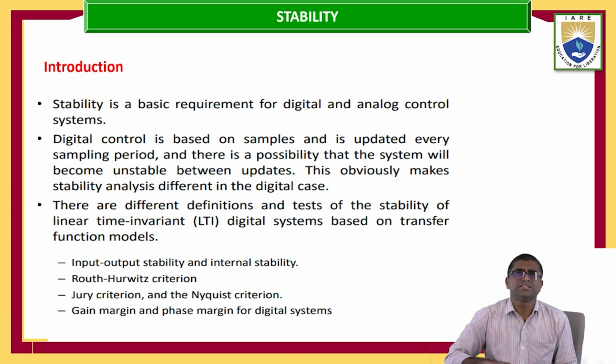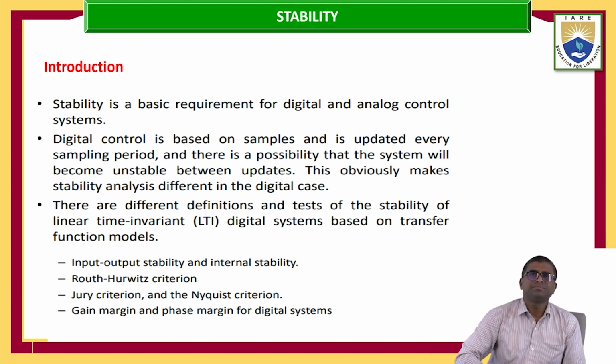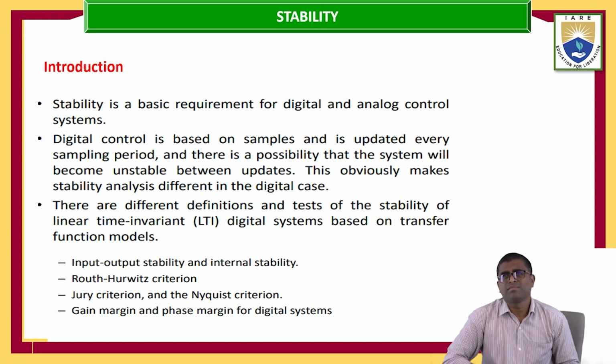Coming to the introduction, stability is a basic requirement for digital and analog control systems. A digital control system is based on samples and is updated every sampling period, and there is a possibility that the system will become unstable between the updates.